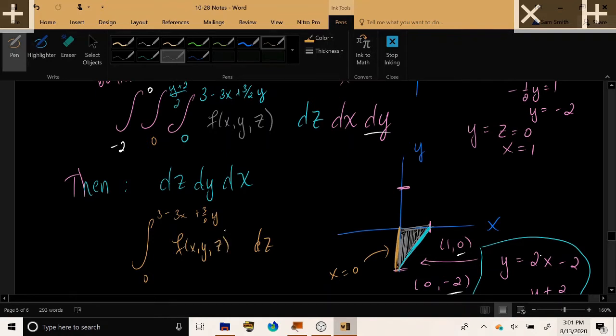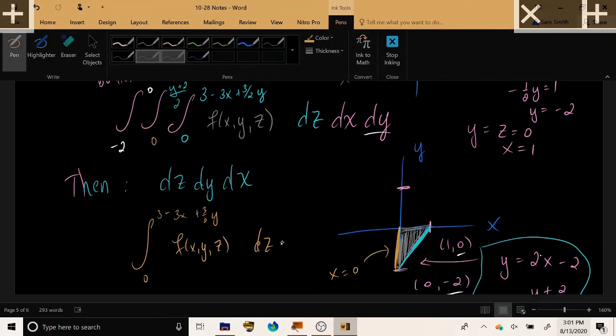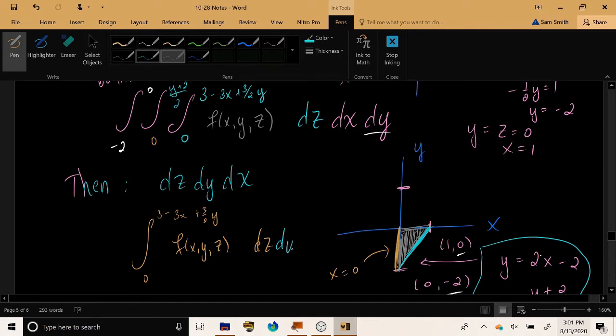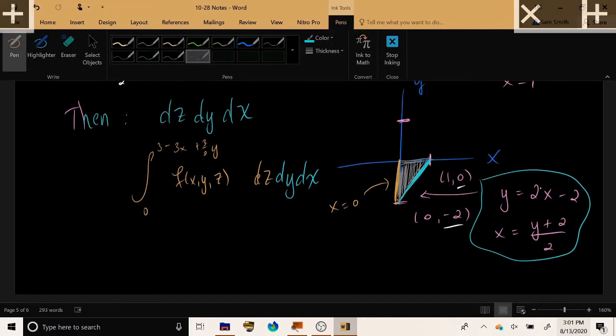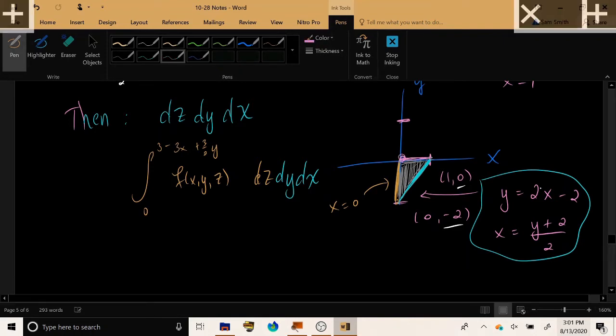But in this case, we're going to change the middle and outer variables to have y first and then x. So now we're going to think about our region as being bounded not on the left and right, but on the bottom and top. Looking back at the shadow we drew in the previous part of the problem, our region stretched from the line y equals 2x minus 2 on the bottom of the triangle up to the line y equals 0 on the top.